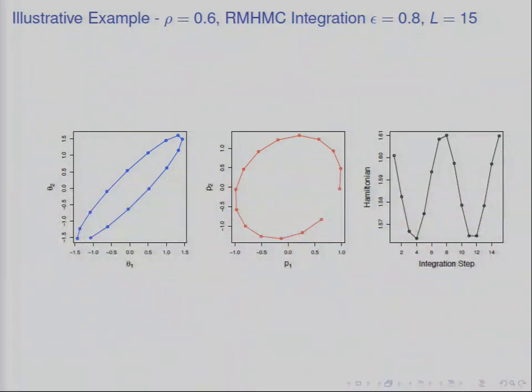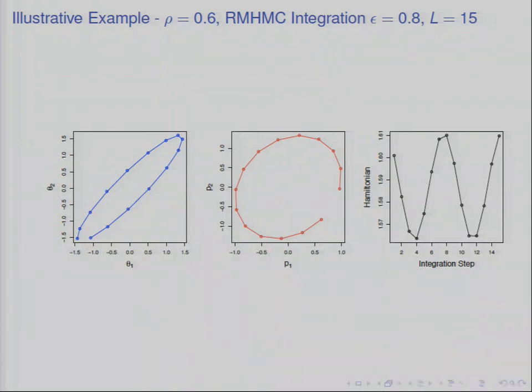But do you see a difference? If I define a path of 15 steps with a specific step size, then do you see the geometric regularity now in the path that's followed, both in theta and in P?